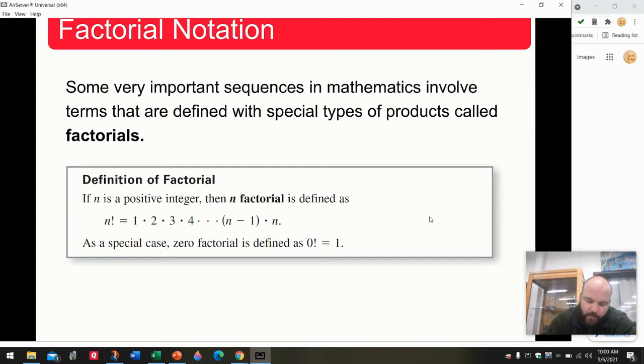So as an example, when you have n factorial, you simply do 1 times 2 times 3 times 4 all the way up to the number that you have. As a special case, note that 0 factorial is defined as 1. It is not 0.